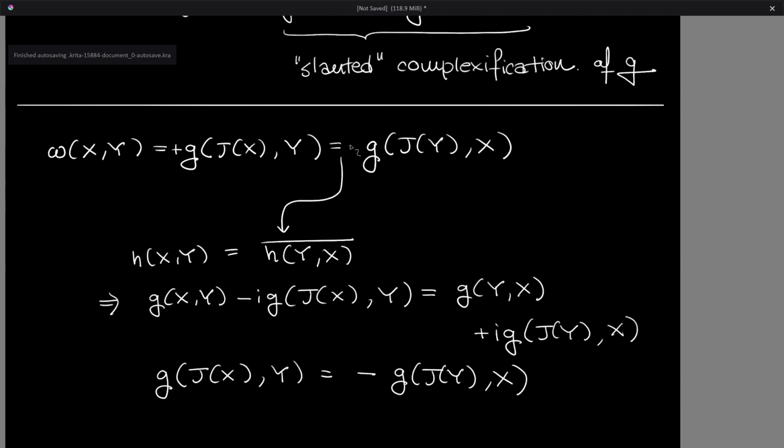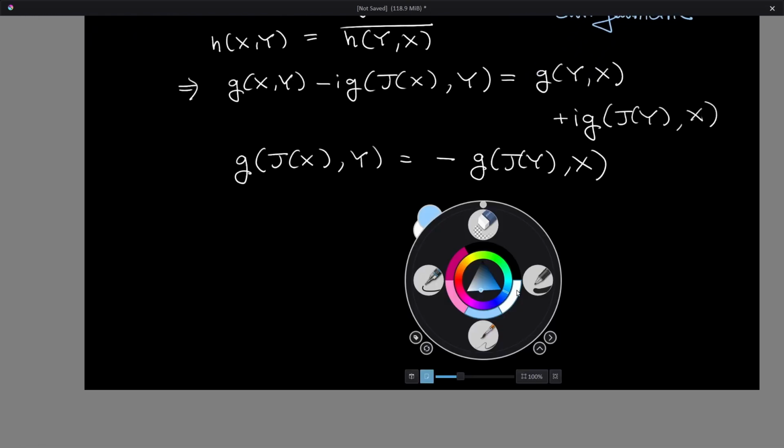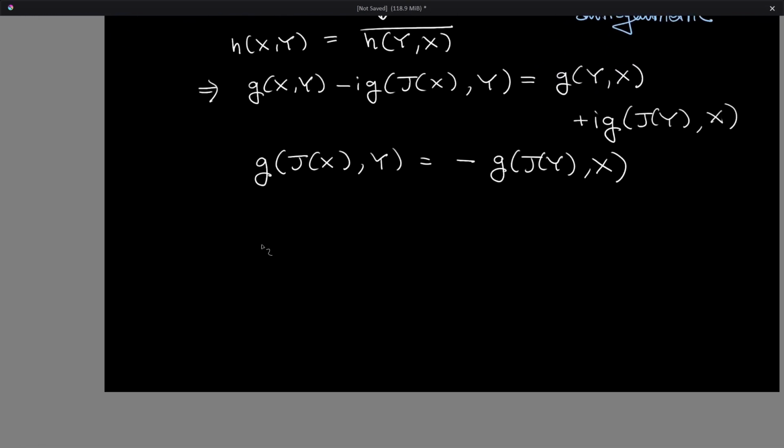It doesn't actually matter because it flips here, and then this is equal to minus omega(y,x). And so what we find, the interesting thing, is that omega(x,y) is equal to minus omega(y,x), which means that the Kähler form is antisymmetric, which means it's an exterior form. And in fact, since it's smooth, it is an exterior differential 2-form.